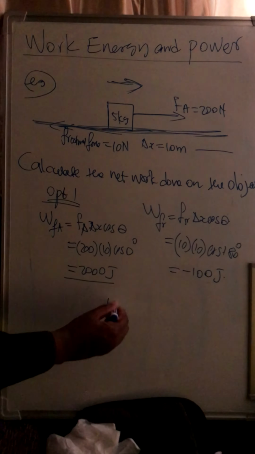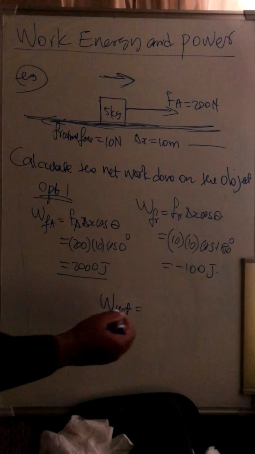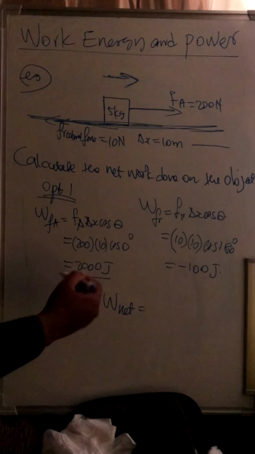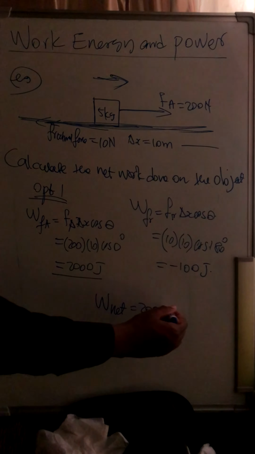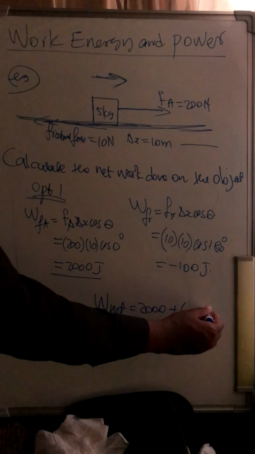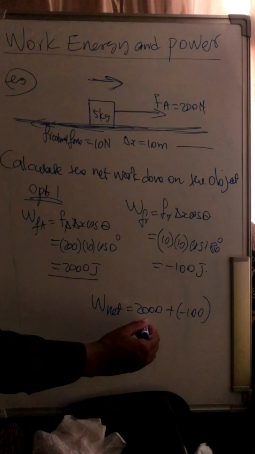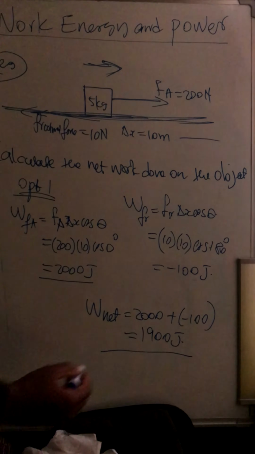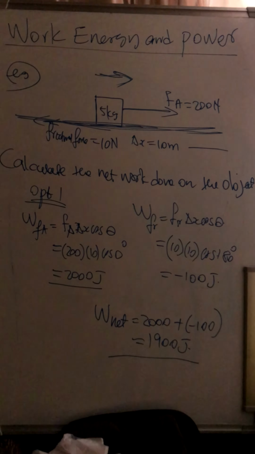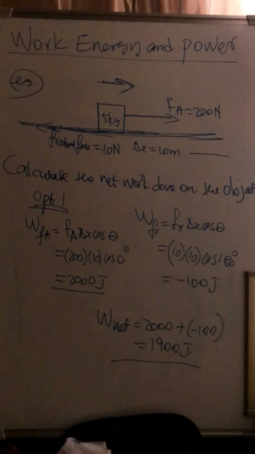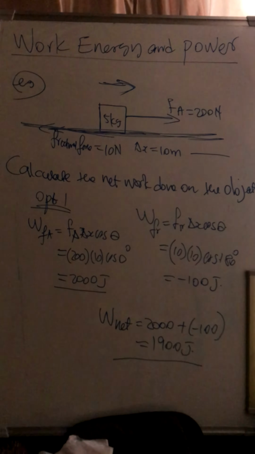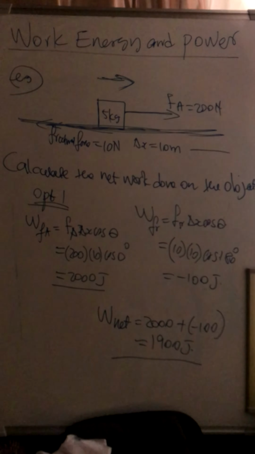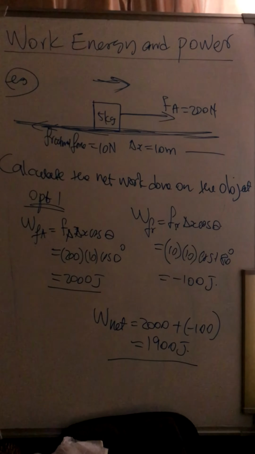Joule. So what is the net work done on the object? You are going to add these. 2000 plus negative 100. Then you press a calculator, you will have 1900 what? Joule. This is the net work done on the object. See? The net work done on the object.